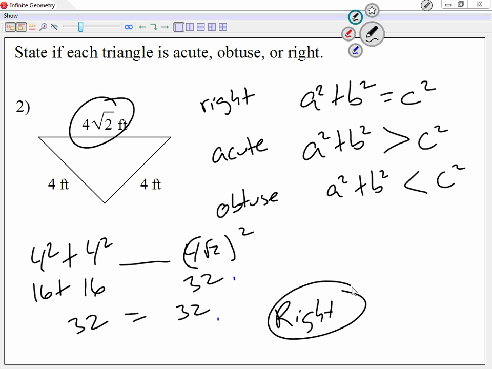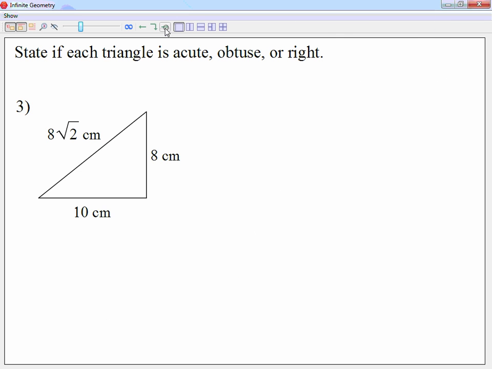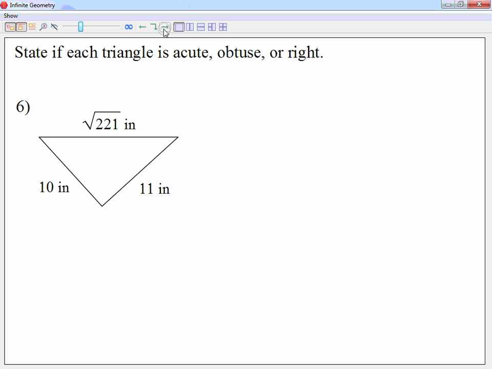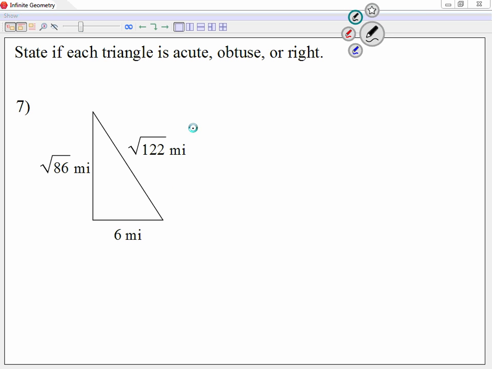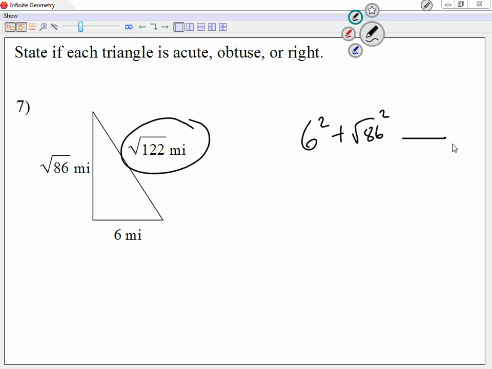Any questions up until 8? Did we figure out which one is 7? All right, let's take a look at 7. The biggest side is radical 122. I'm comparing by length, so I know that's the biggest side. So I'm going to go 6 squared plus radical 86 all squared, and leave it blank, radical 122 squared. How much is 6 squared? 36.